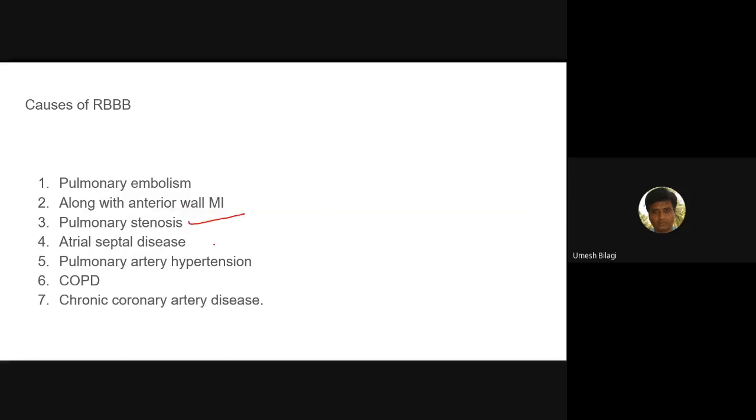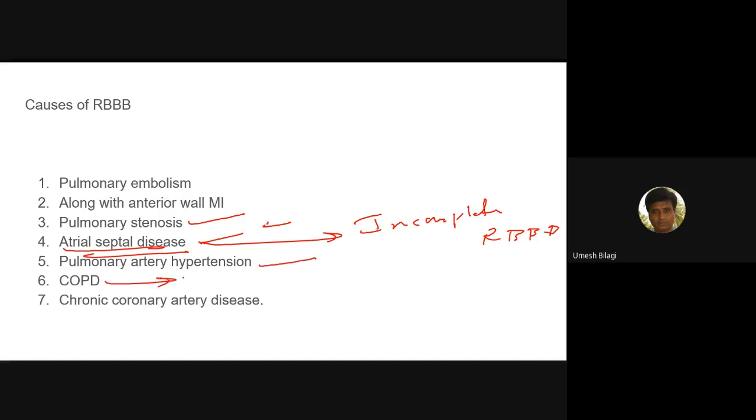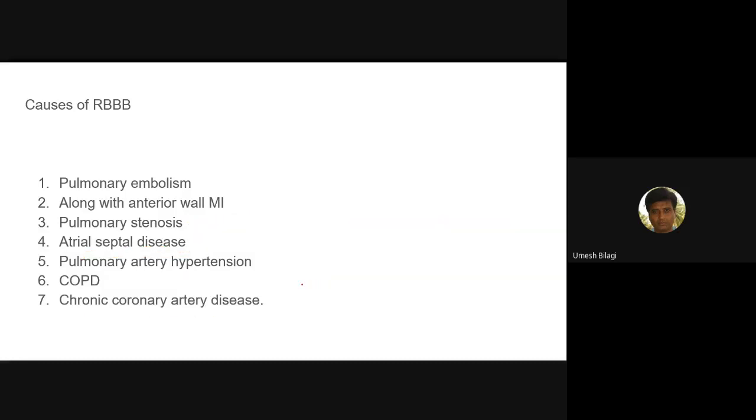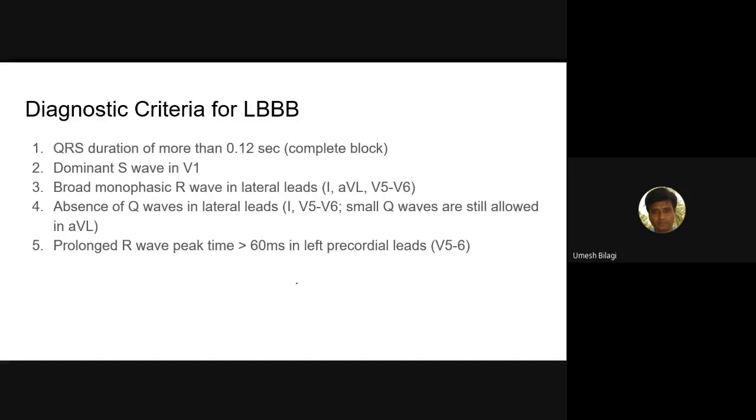Pulmonary stenosis, atrial septal defect, incomplete RBBB is seen in atrial septal defect. They'll ask this question. Then pulmonary hypertension, RV strain, COPD, RVH. Chronic coronary disease can have RBBB. Most often it can be benign also.